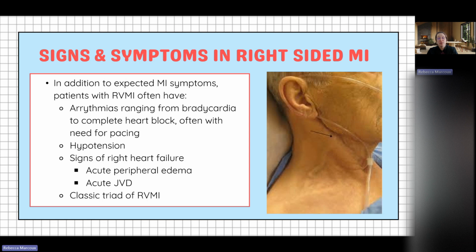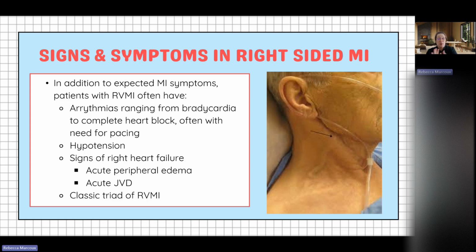Some things we might see if the patient is having a right-sided MI, the symptoms are a little bit different. In addition to our expected MI symptoms, so our chest pain, our shortness of breath, our right arm pain, our back pain, things like that, patients that have a right ventricular MI will often have arrhythmias that are more bradycardic.